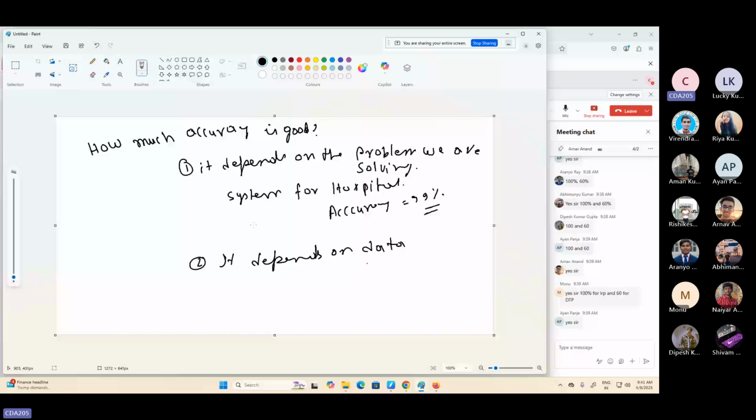Now the problem with accuracy: can anyone tell what is the problem with accuracy? When we see the accuracy, it is just a number only.